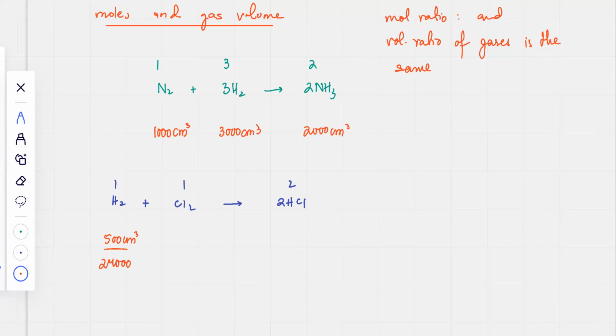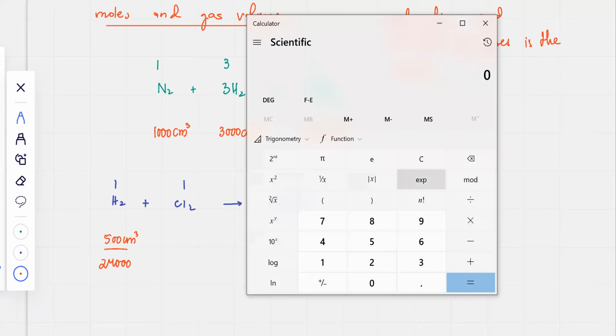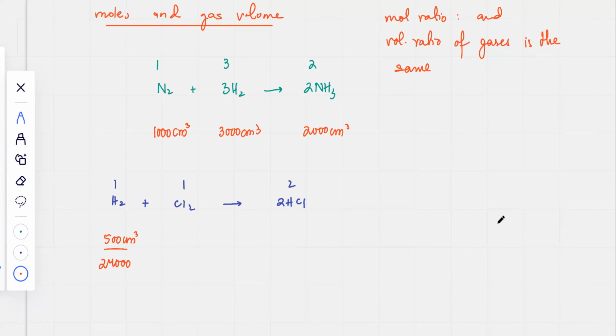Right? And if I take out my calculator and do that, it's going to be 500 divided by 24,000. And that gives me 0.20833 moles. So I'm getting 0.208 moles, accurate up till 3 significant figures.